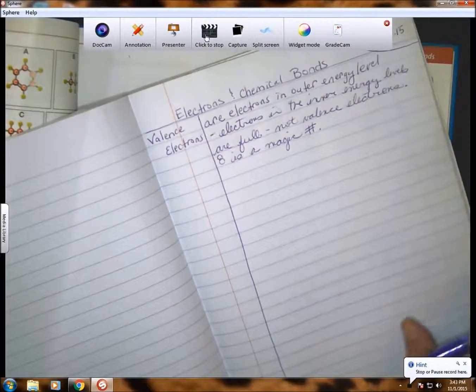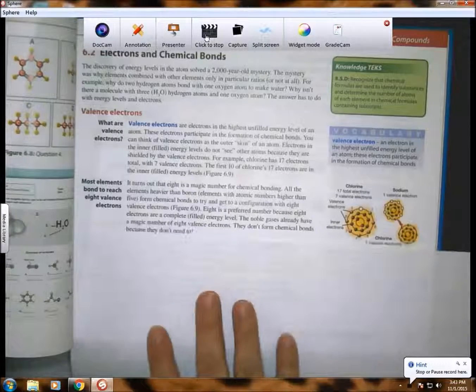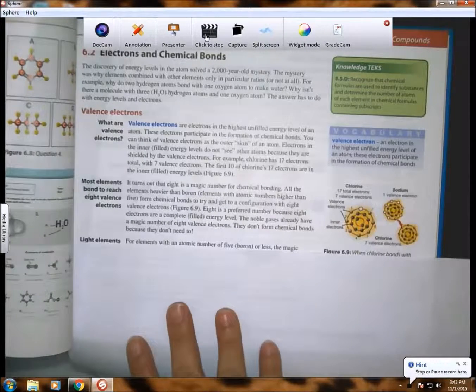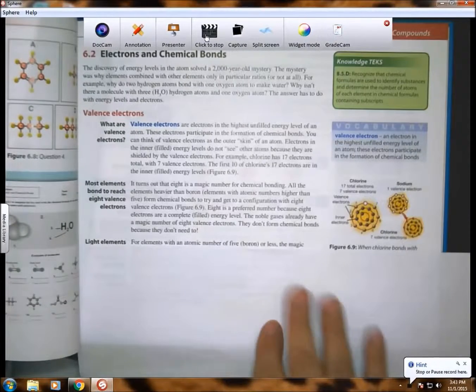Okay, 8 is a magic number. This will help me remember that my atoms are trying to get to that magic number of 8. Okay, that's all I think we need to take for here. So let's go to the next section.